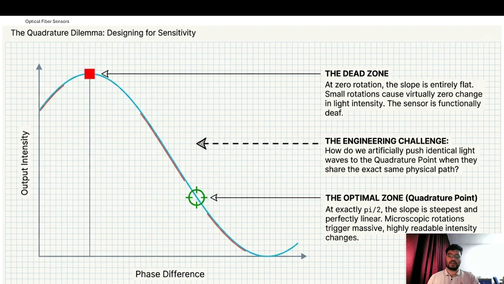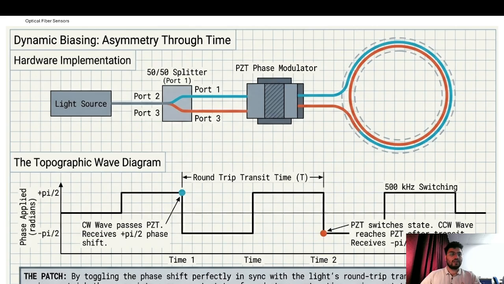Microscopic rotation triggers massive, highly readable intensity change at this point. So that's why this quadrature dilemma is very important, and the quadrature point is very important for this kind of sensitive instrument.